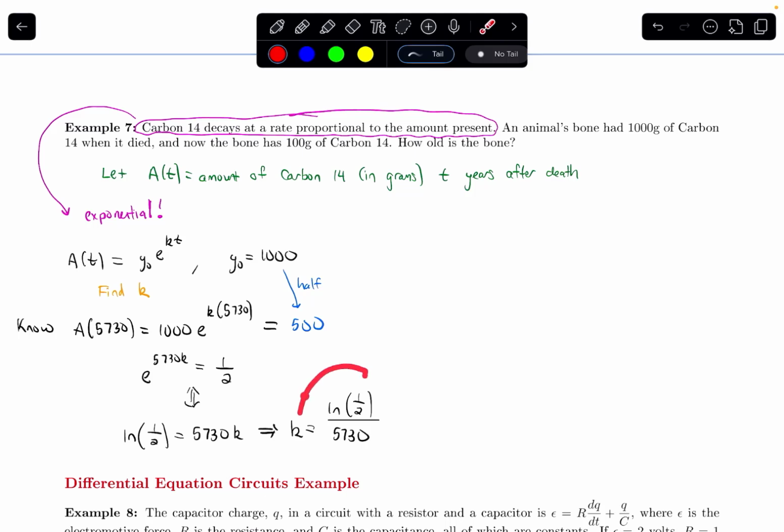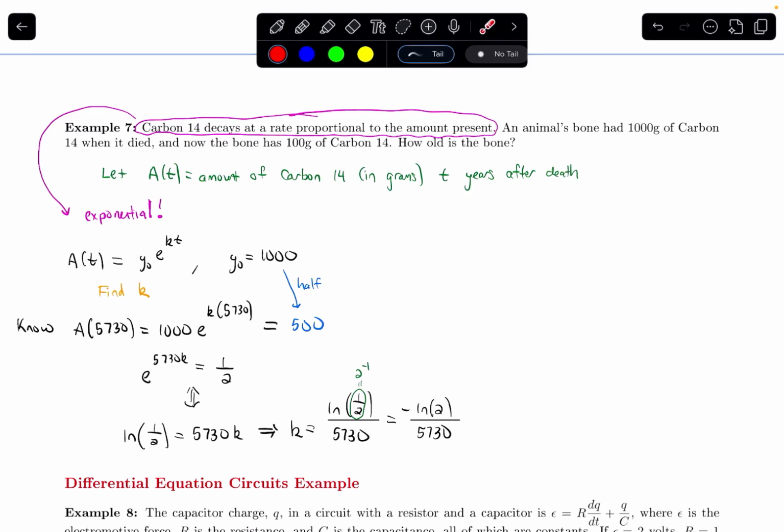So, it doesn't look like this is negative, but it actually is. 1/2 is the same thing as 2 to the negative 1. And I can use one of my log properties to move the exponent in front of the log. So that'll be that negative in front, and then ln of 2 all over 5,730. And now it's more clear that, oh yeah, this is negative. There was a hidden negative here.